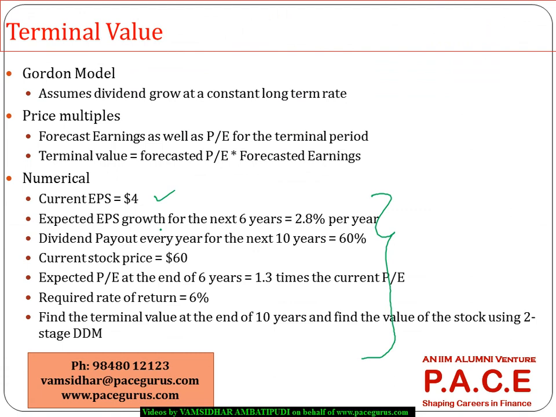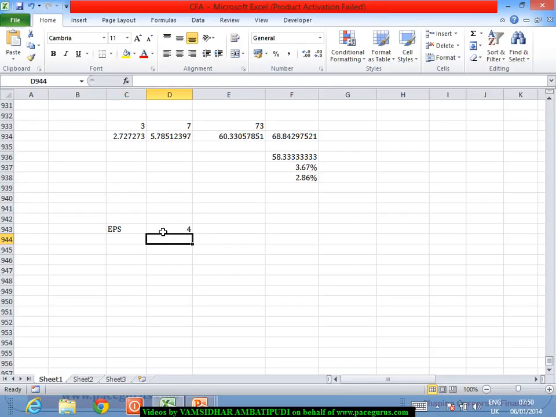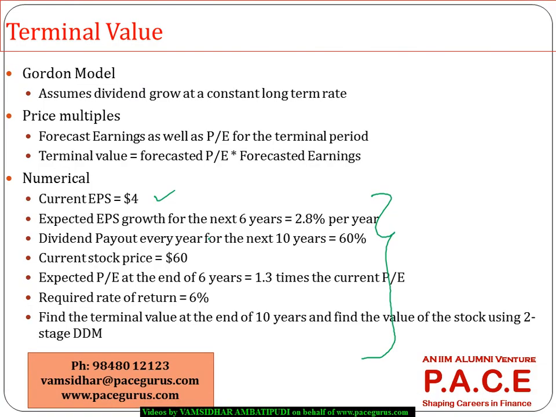Expected EPS growth for the next 6 years is 2.8% per year. So the next year EPS I am expecting at a growth of 2.8%, so it is going to grow to this level, then second, third, fourth, fifth and sixth. These are the expected EPSs over the next 6 years. Fair enough. A dividend payout every year. Here, instead of 10 years, let me take it as 6 years across.